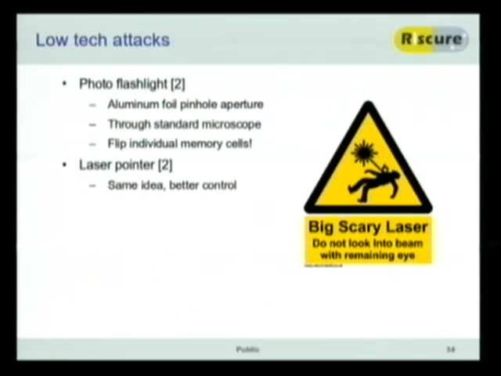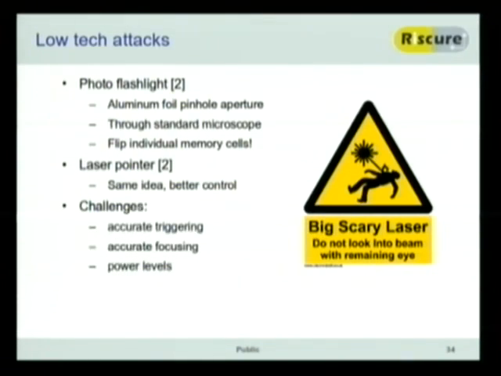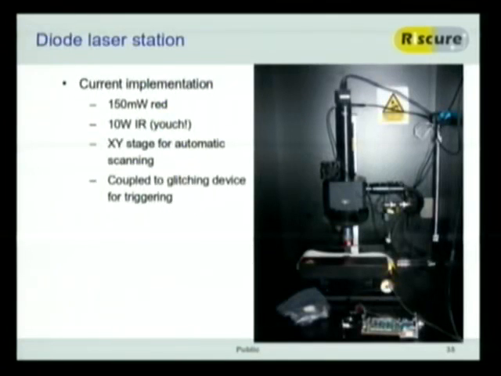This one is 5 milliwatts, I think. The one we use in the lab is 150 milliwatts, so you sometimes need a bit more power. The challenges here are that you need accurate triggering, accurate focusing, and the power level is sometimes something you need to adjust.